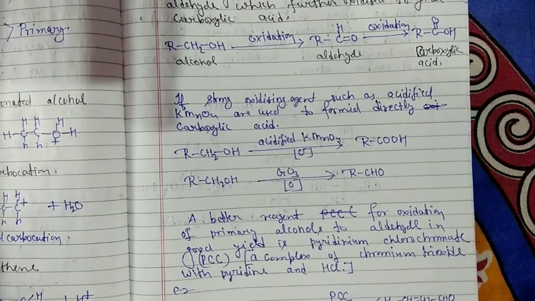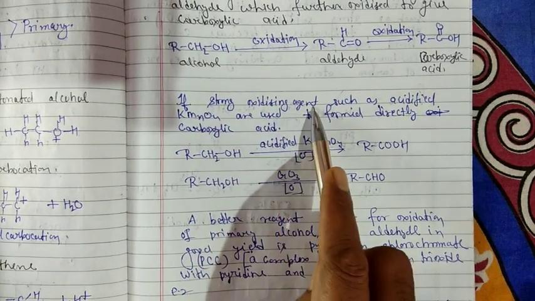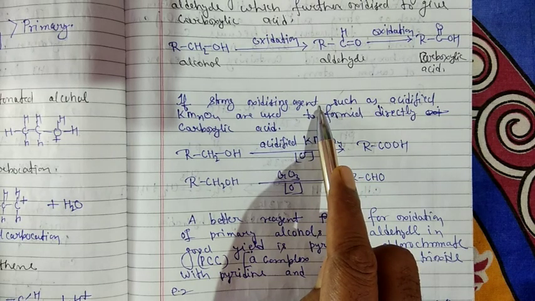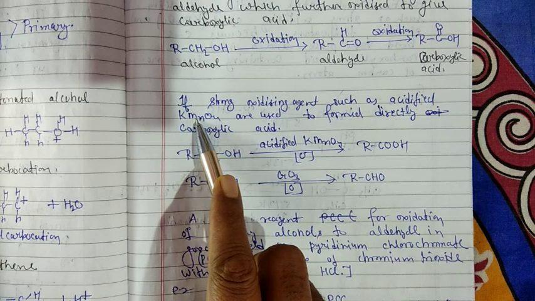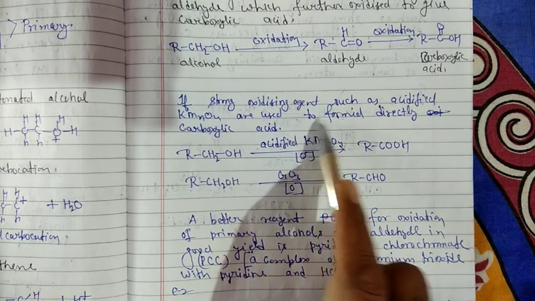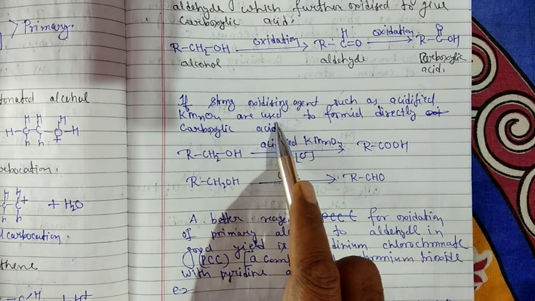Then next, if we use a strong oxidizing agent, such as acidified KMnO4, potassium permanganate, it is used to form carboxylic acid directly.